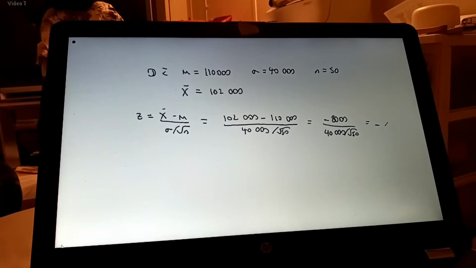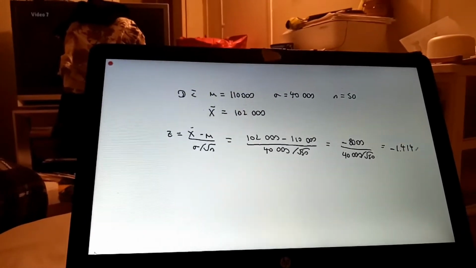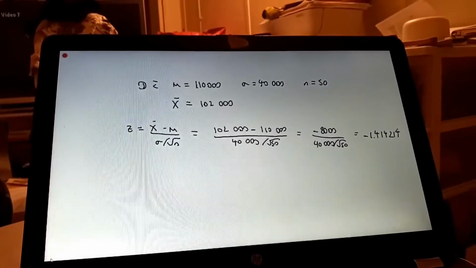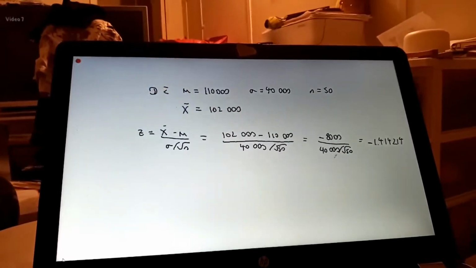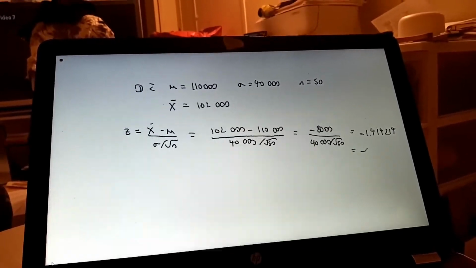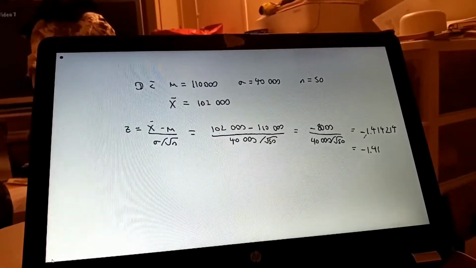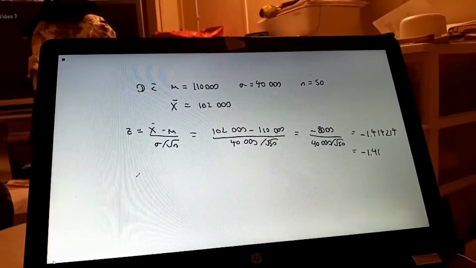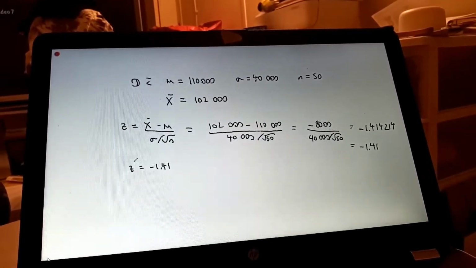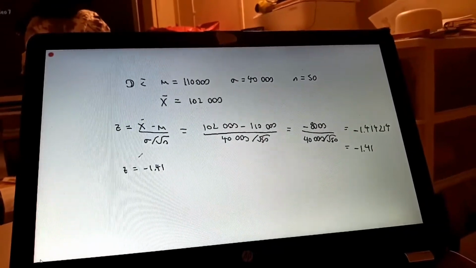You get minus 1.414, and just round it to 2 decimal places because the chart goes to 2. So let's round it to minus 1.41. So that is your z-score. So let's just put z equals minus 1.41. Okay, so there's your z-score.